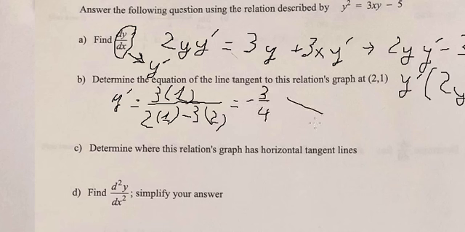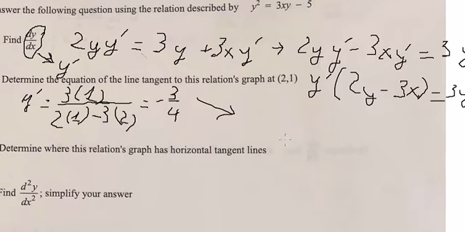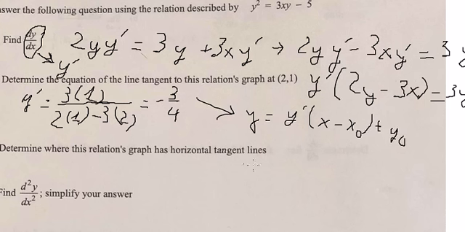So we have the formula of the tangent line. So we have negative 3 over 4, we put in here. x is 2, y is 1, and this is the tangent line in here.